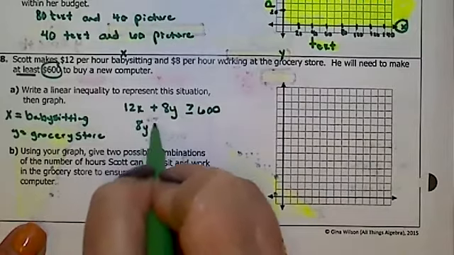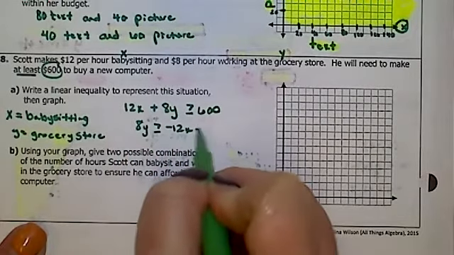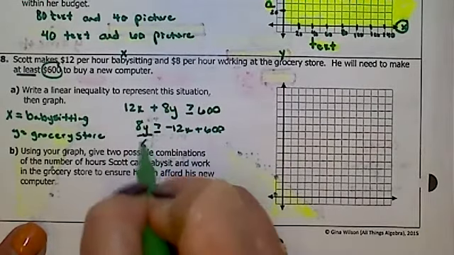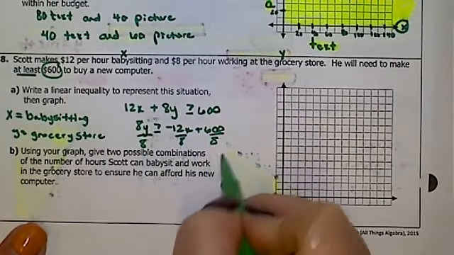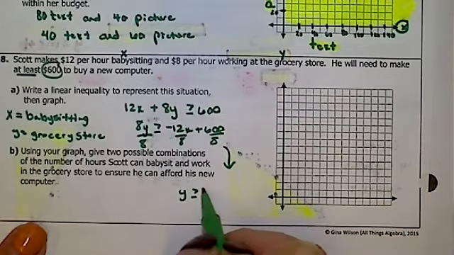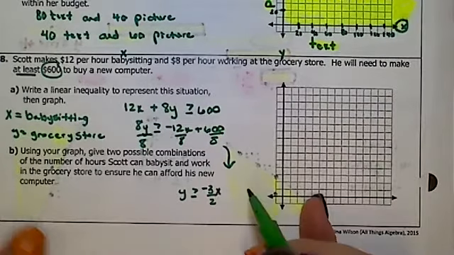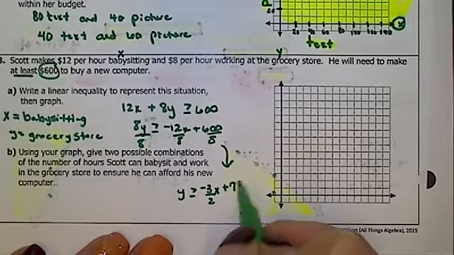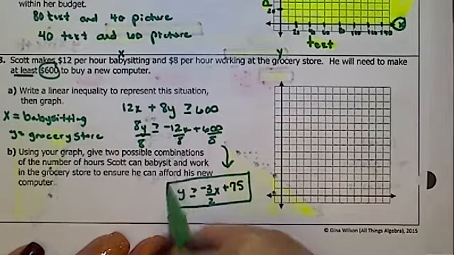So we'll go ahead and solve. So we would get 4 goes into that, 3/2 x plus, I believe that'll be 75.